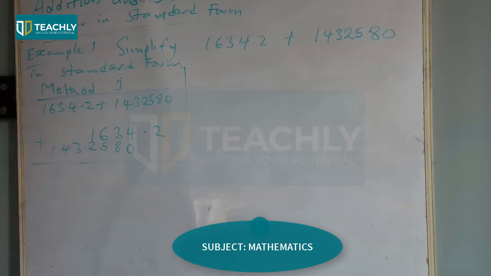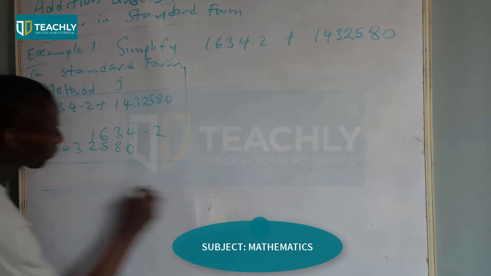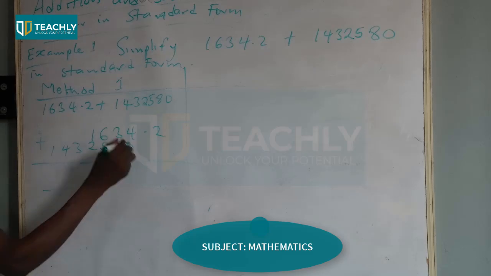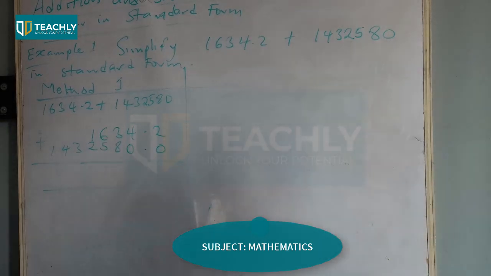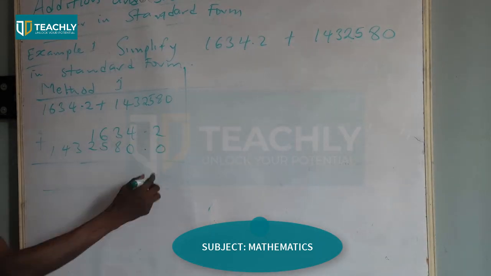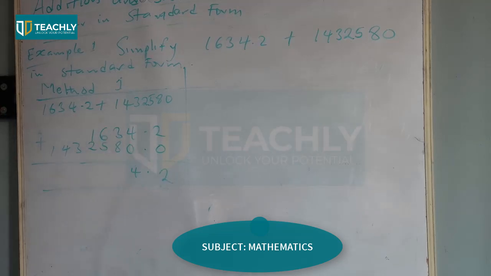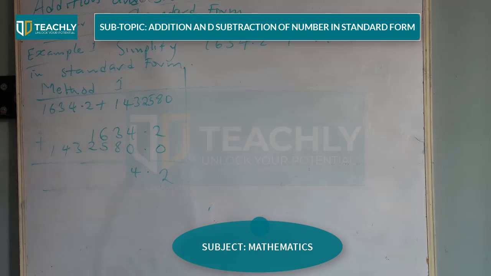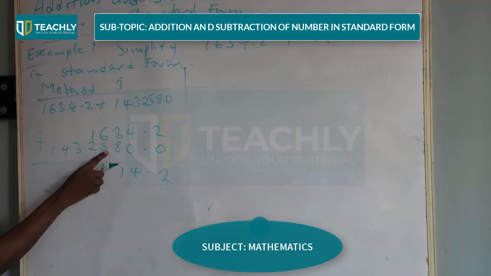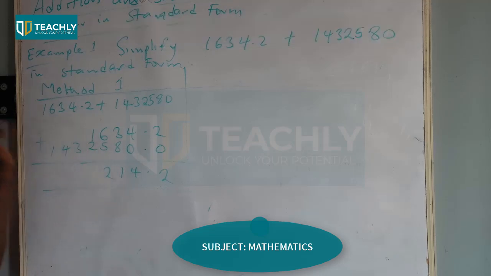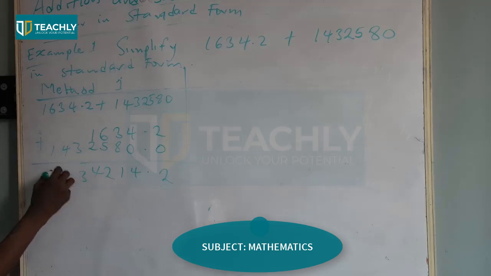Put plus here, and because this one does not have a decimal point, you can put a decimal point and a 0 like this. Let's add: 2 plus 0, you have 2. 4 plus 0, you have 4. Decimal point here. 3 plus 8, you have 11. Keep 1, bring that one here, 7. 7 plus 5, you have 12. Keep 1, bring that one here, 2 plus 2, here we have 4. Here we have 3, here we have 4, here we have 1. So this is the final answer.